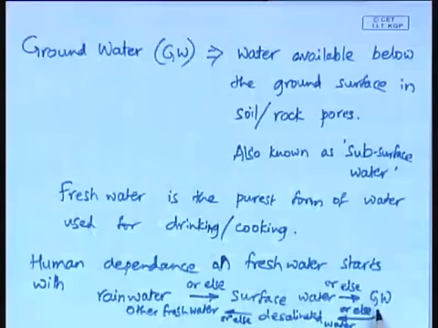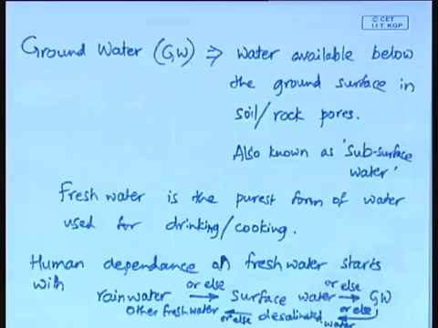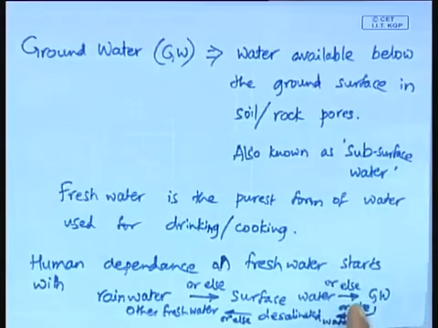And if that is also not available, we may go for other sources of water such as fog water, or even mist, or any other form of fresh water. As you can see, groundwater is next only to rainwater and surface water. Therefore, it provides the necessary water security spatially and temporally, and because it provides this water security, it is very important to sustain life.